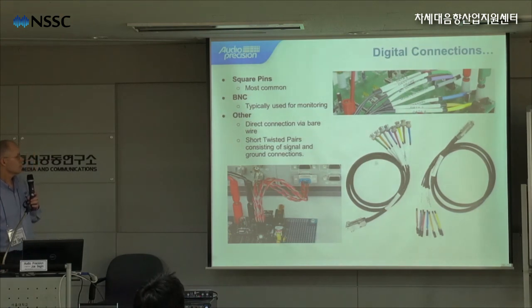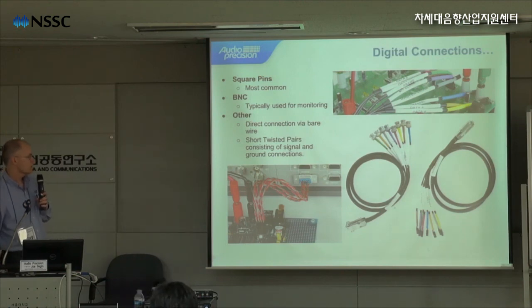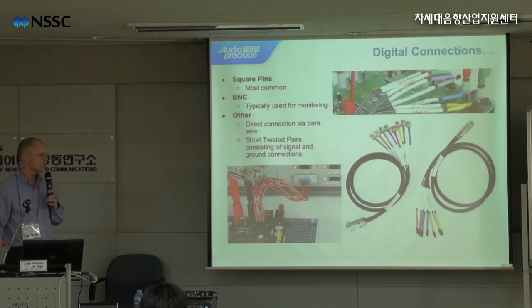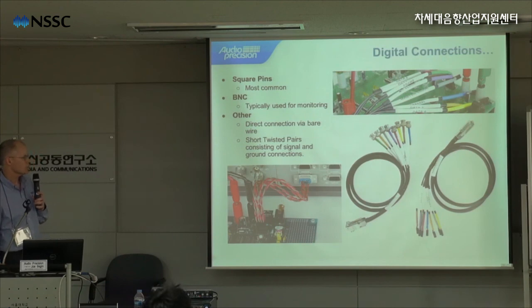I think I showed this slide earlier, but you can see the different connection types. The BNC cable is used for monitoring the signal with an oscilloscope. Something to be aware of is that the signal you're going to measure from our monitor output is not exactly the same as what's on the board.